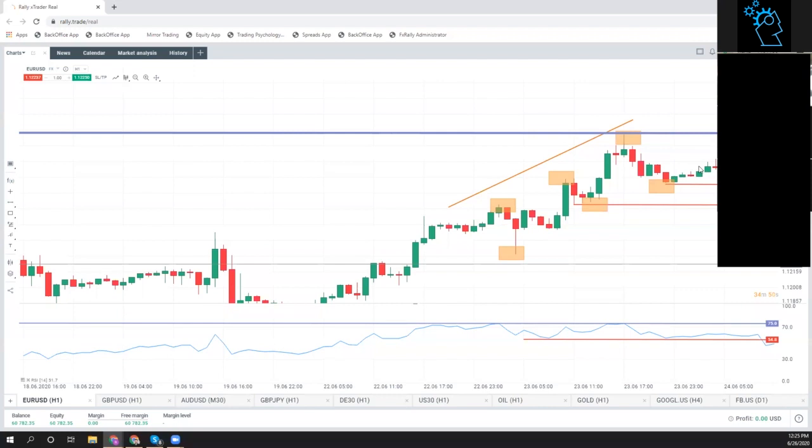And if you are using a 1-to-2 or 1-to-3 risk-reward ratio, then let me just make it easier for you to visualize it. If you are risking this much on your trade, because that would be the entry point, breaking below 113.00, then you would want to get at least 1-to-2 or 1-to-3, depending on your money management system.